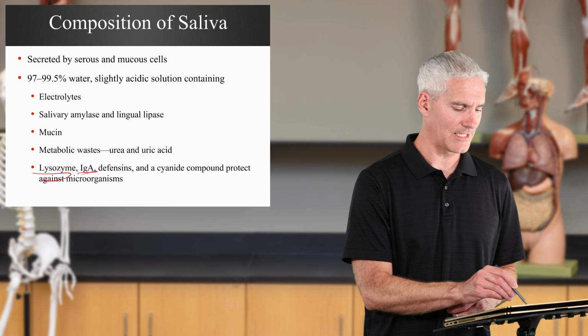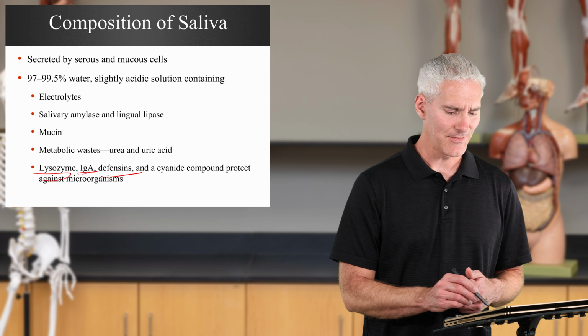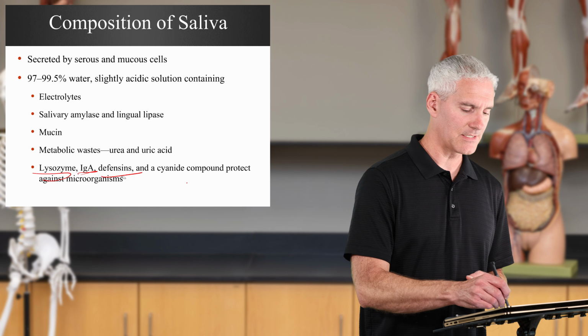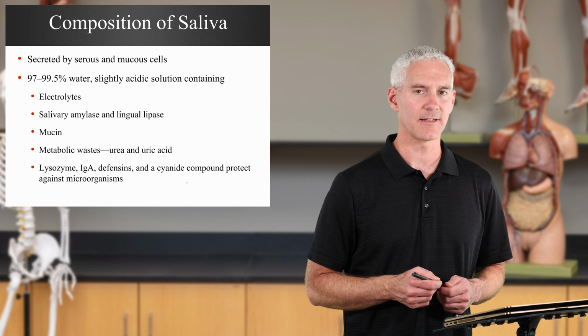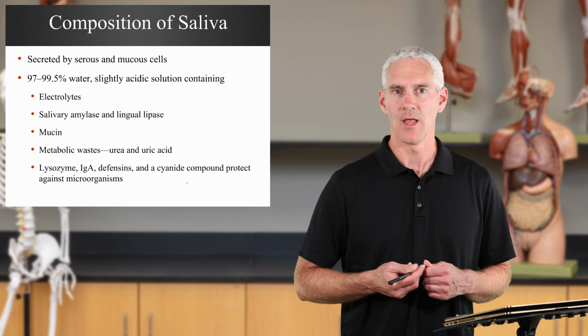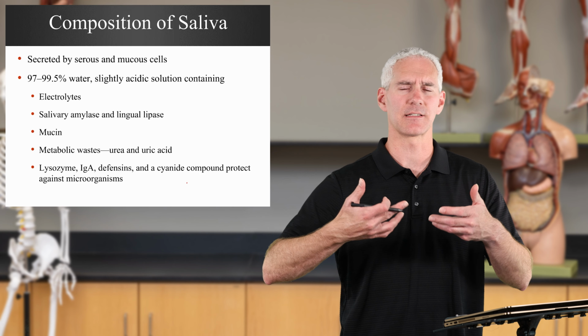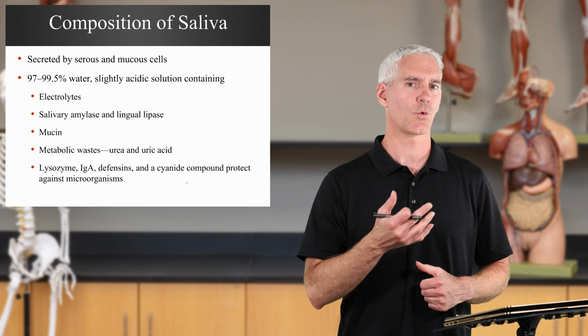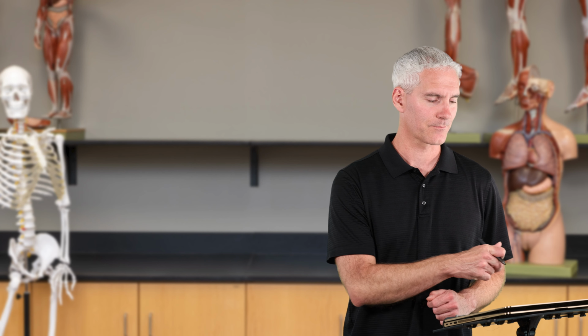You have lysosomes, IgA, defensins. Even a cyanide component is found here. The idea is these are all helping to try and create a defensive system in your body, helping to make sure any bacteria, things that are coming in that shouldn't be there, are being destroyed as early and as quickly as possible. So there's a lot of stuff going on just in the mouth itself, just the initial stage of ingestion.